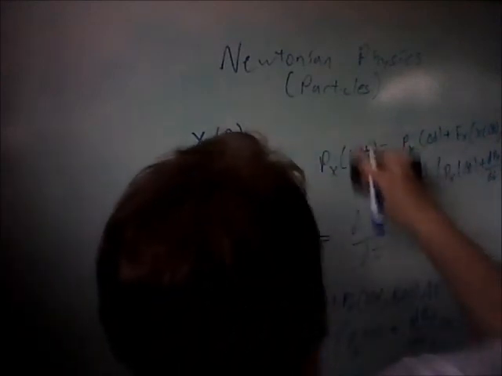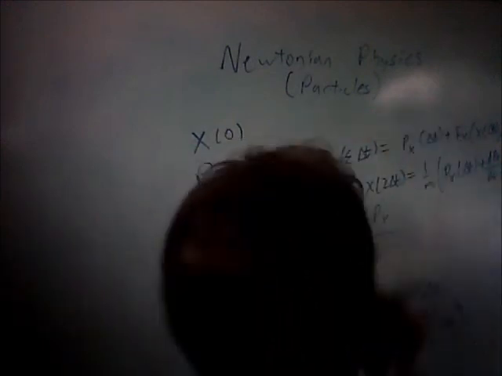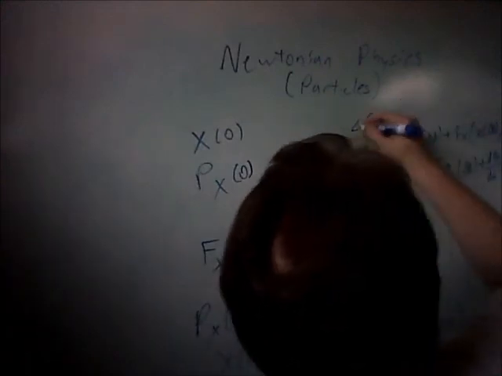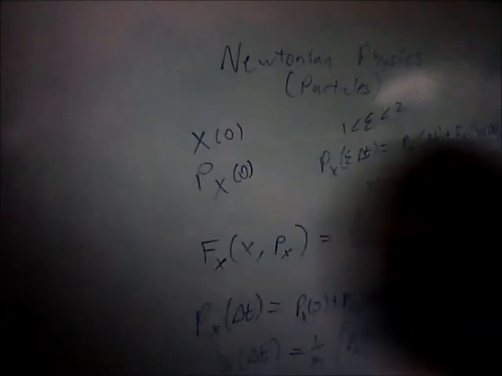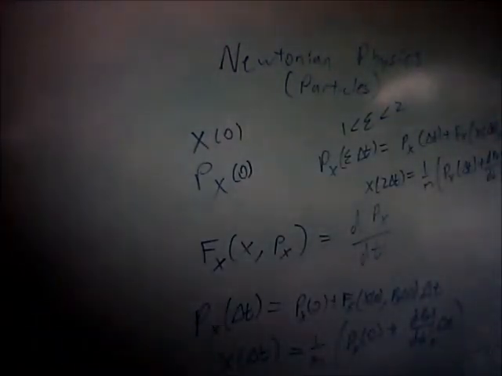This is at epsilon delta t, where epsilon is some quantity in between 1 and 2. So it's not really delta t you're multiplying by.